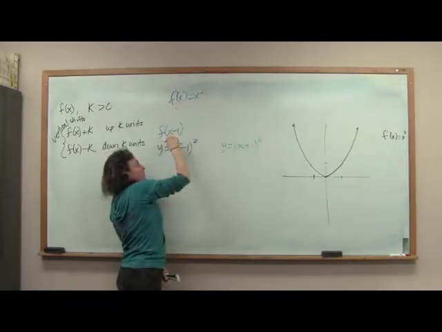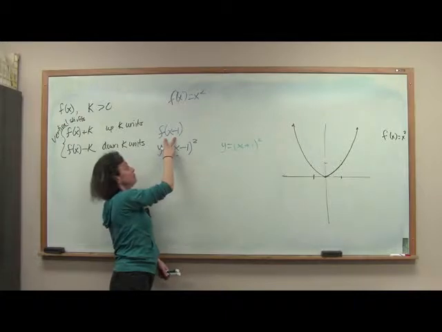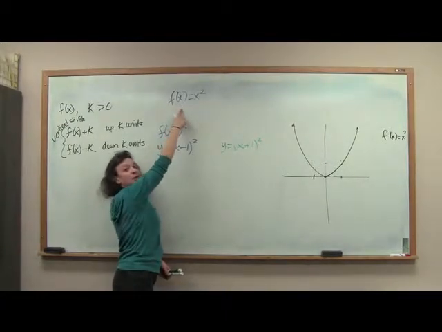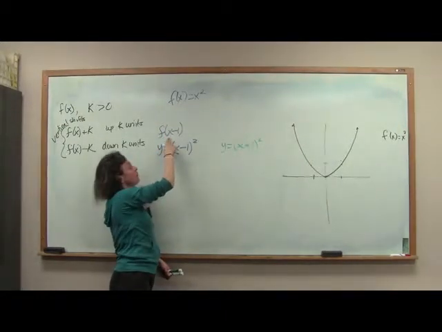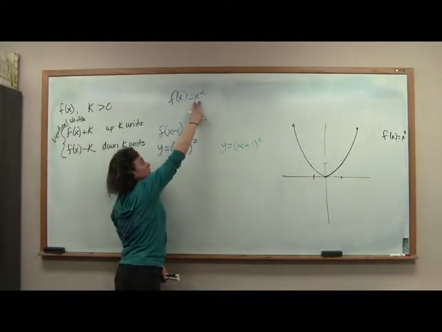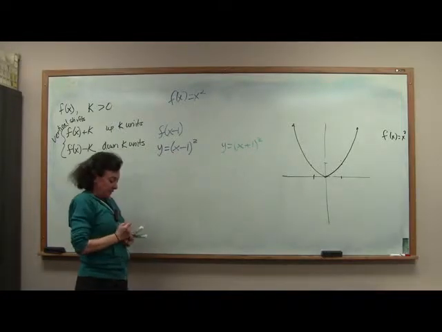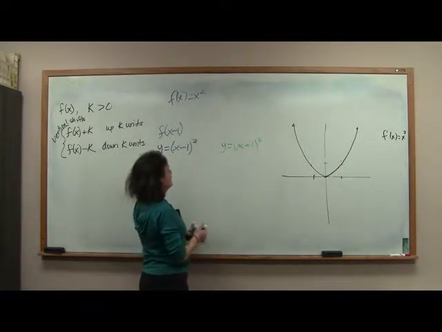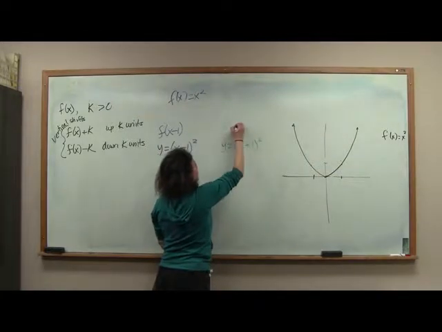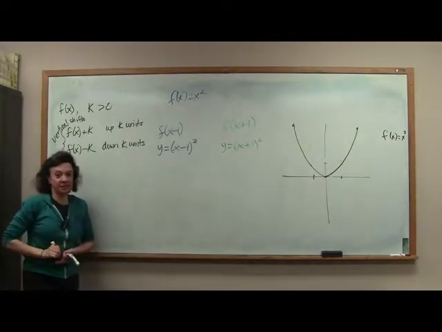Well, notice if this is f of x and you want to compute f of x minus 1, everywhere you see an x in your function f, you're going to plug in x minus 1. So there it is, and in place of x, we have x minus 1. In the same way, I claim here that's f of x plus 1.